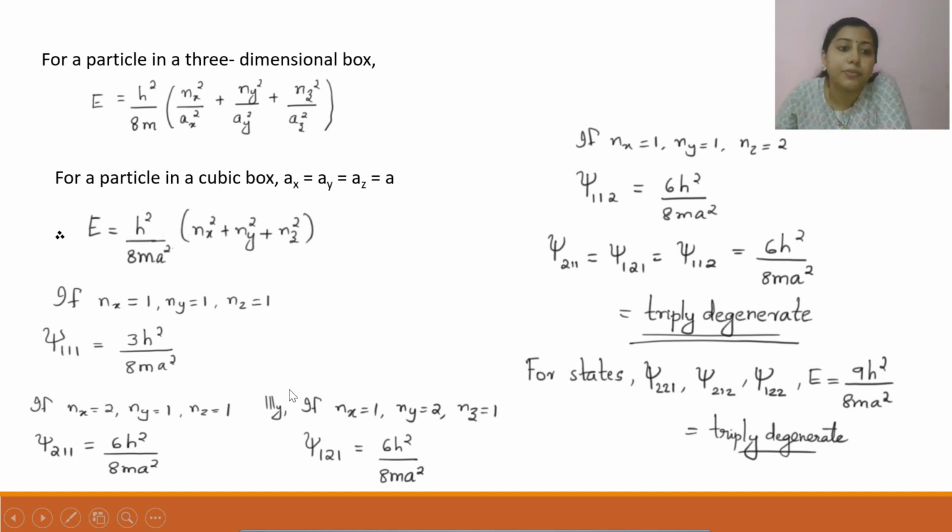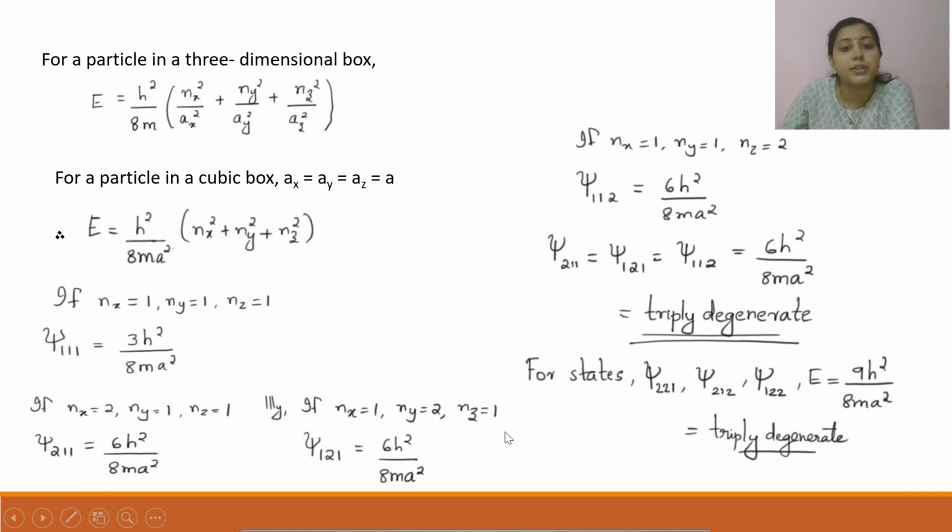Now suppose nx is equal to 2 but ny equals 1 and nz is also equal to 1. We represent the wave function as psi 2, 1, 1. Finding out the energy, substitute the values of nx, ny and nz: h square by 8ma square into 2 square plus 1 square plus 1 square. So you will get the value as 6h square by 8ma square. Similarly, if nx equals 1 but ny equals 2, then nz equals 1.